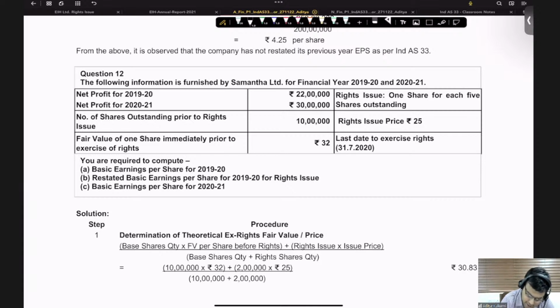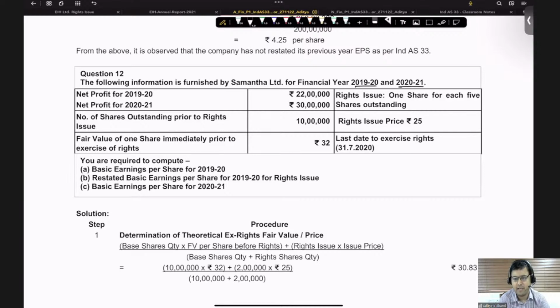The following information is furnished by Samantha Limited for financial year 1920 and 2021. Net profit for 1920 is 22 lakhs. Net profit for 2021 is 30 lakhs. There is a rights issue, one share for each 5 shares outstanding. Number of shares outstanding prior to rights issue is 10 lakhs.